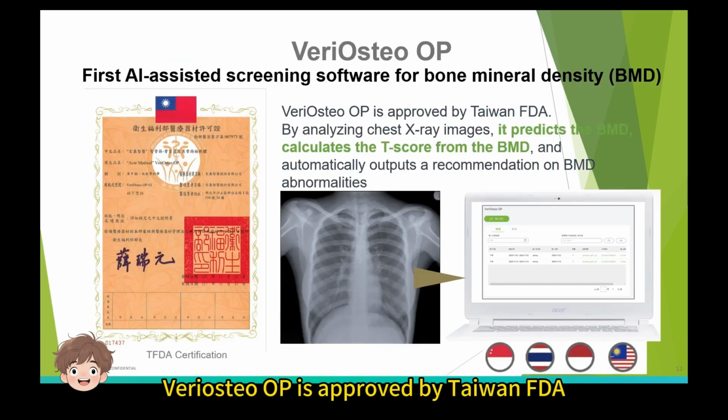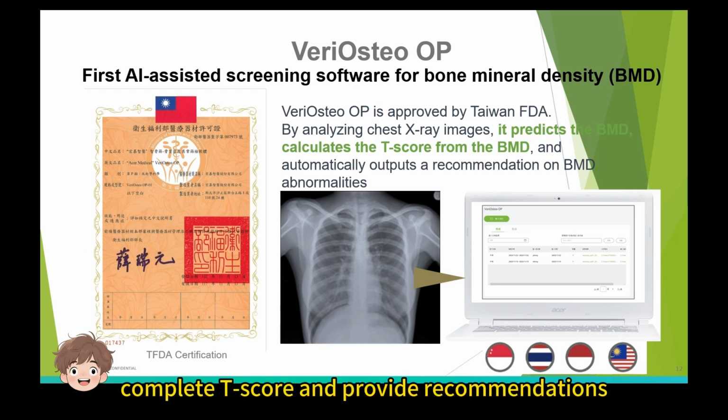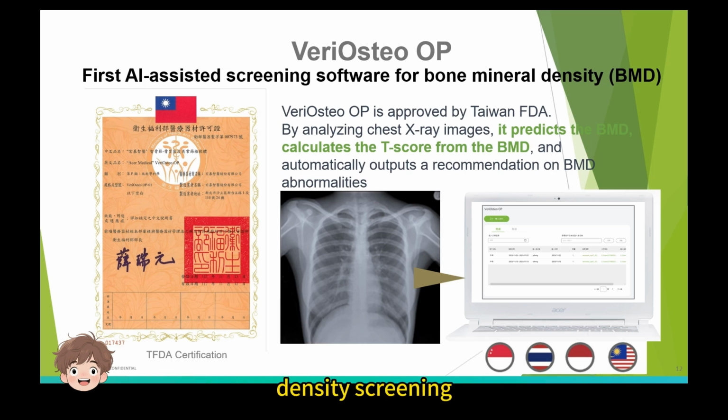Veriosteo is approved by Taiwan FDA. It uses AI to analyze chest X-ray, predict bone mineral density, calculate T-score, and provide recommendations, offering a breakthrough in bone mineral density screening.